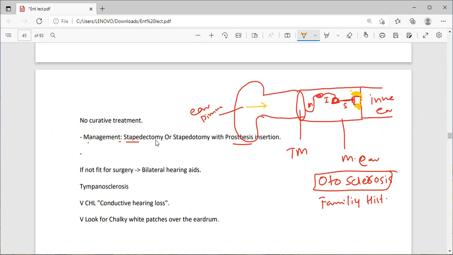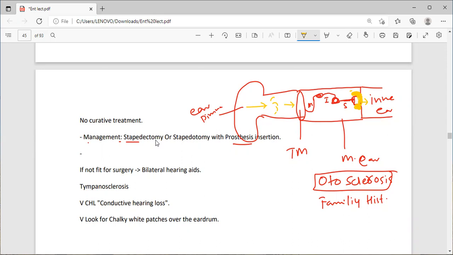Whenever vibration comes, it can pass through the malleus and incus, but the stapes cannot vibrate sufficiently, so it cannot transfer the vibration properly, and the patient will be unable to hear properly.